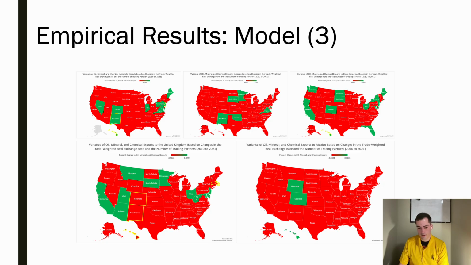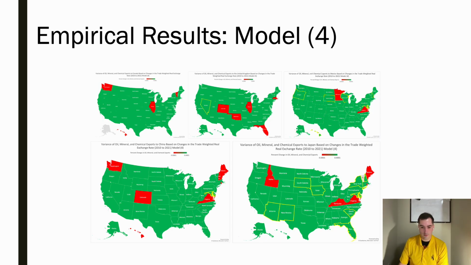But overall, there's not a whole lot of states where the number of trading partners impacts the real exchange rate's effect on quarterly oil, mineral, and chemical products. So overall, it doesn't appear that diversification has any impact on how states' trade patterns are impacted by changes in the real exchange rate.